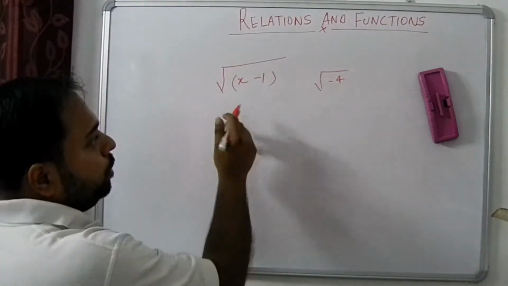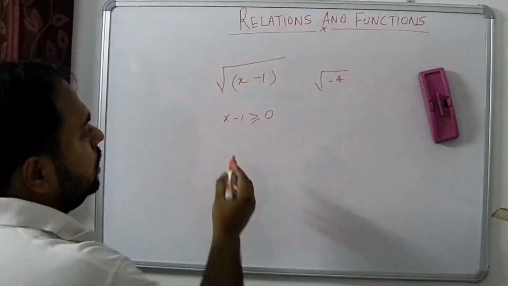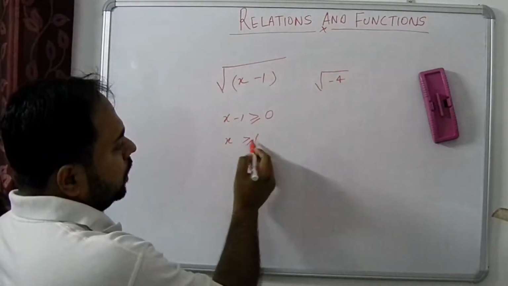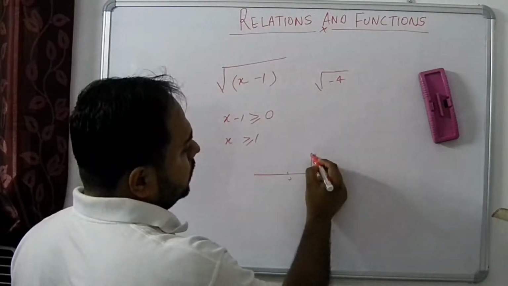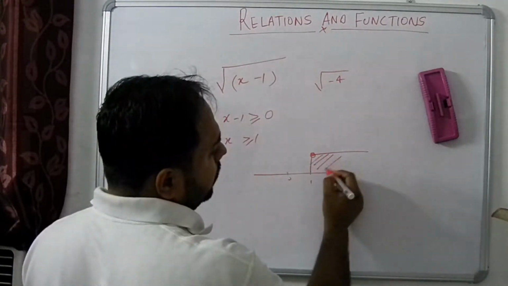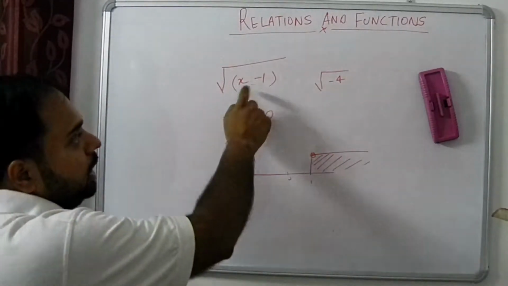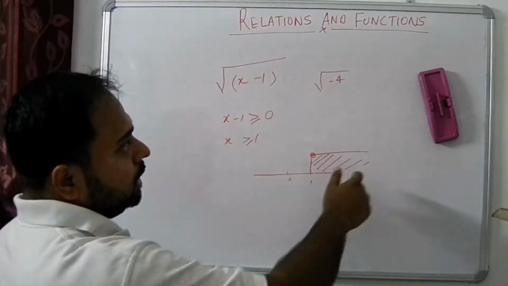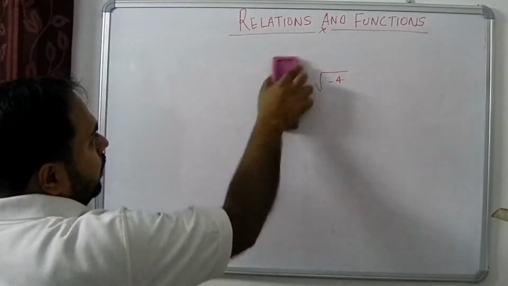So x − 1 has to be greater than or equal to 0, because 0 is allowed. That means x is greater than or equal to 1. On the number line, this is 0, this is 1, so this entire region is my domain. This function is not defined for any value less than 1. So this is another sort of problem you can solve for the domain.